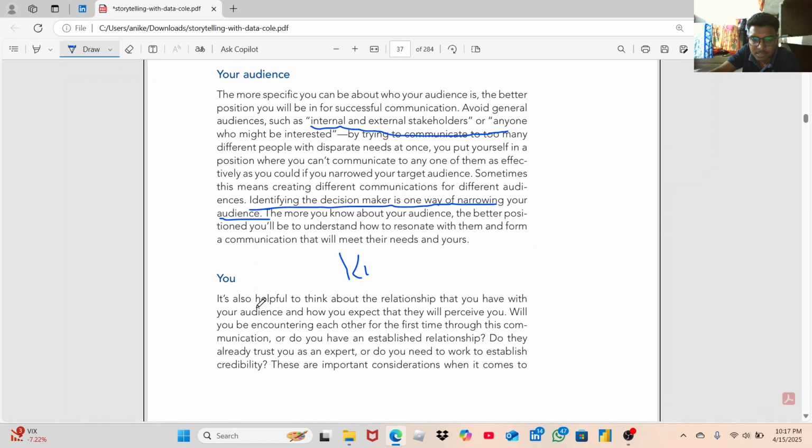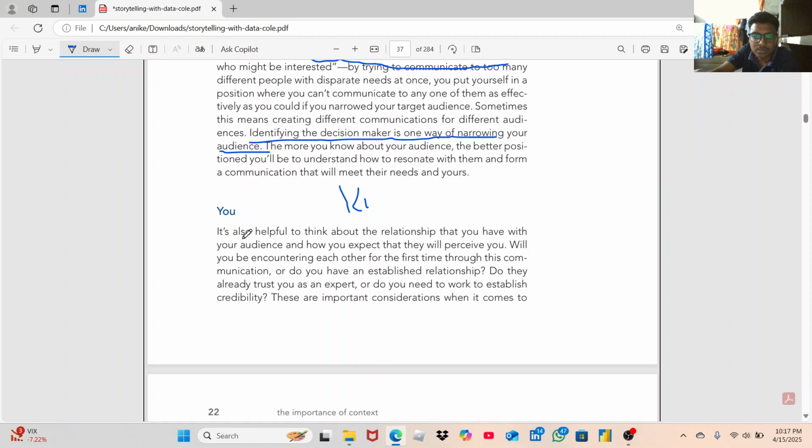It's also helpful to think about the relationship that you have with your audience and how you expect that they will perceive you.